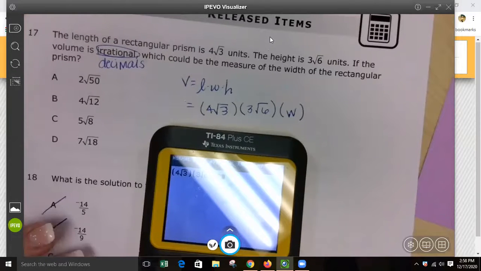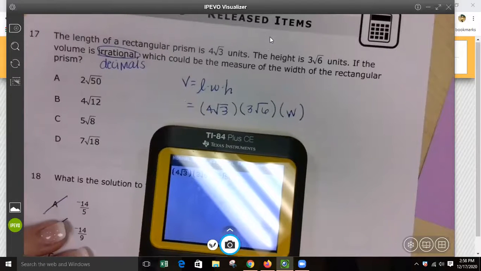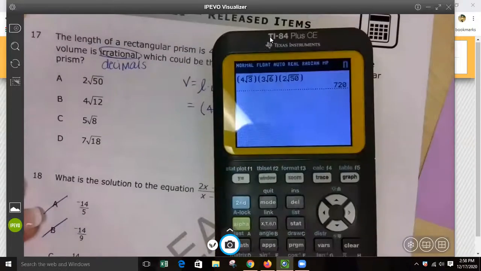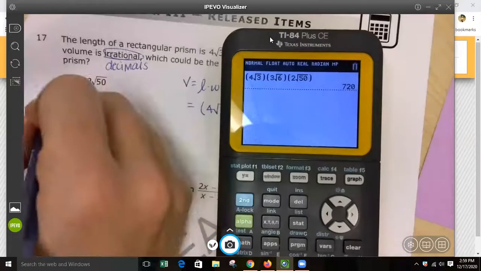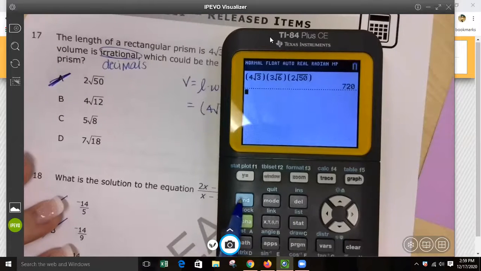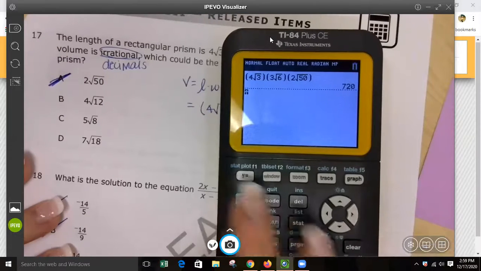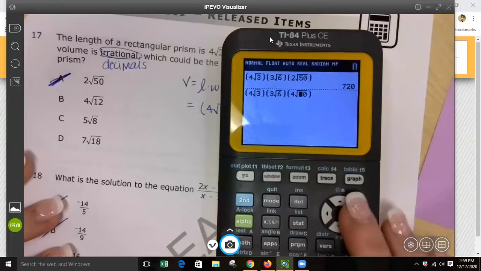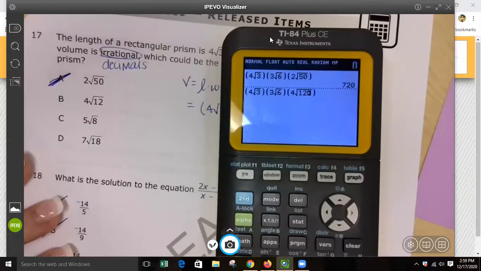And then we're going to start with 2 square root 50. And we got a whole number, but we wanted a decimal, so we didn't want that one. I just hit second and enter, so it brings it up again, and I'll type over that 2 and 50. So that way I don't have to type everything. Second enter is what I did.